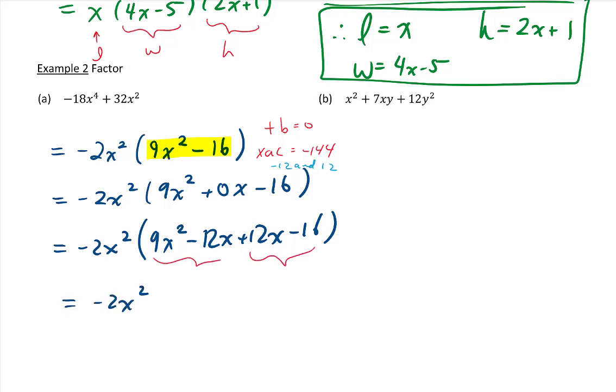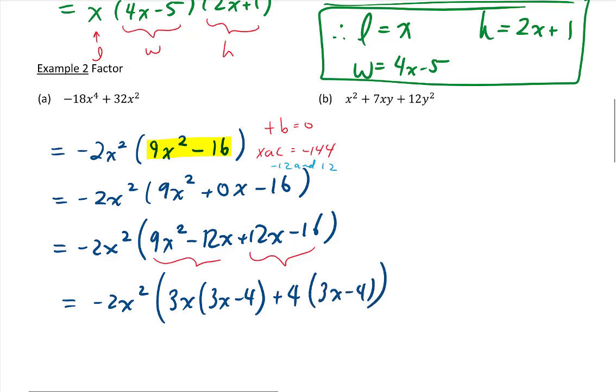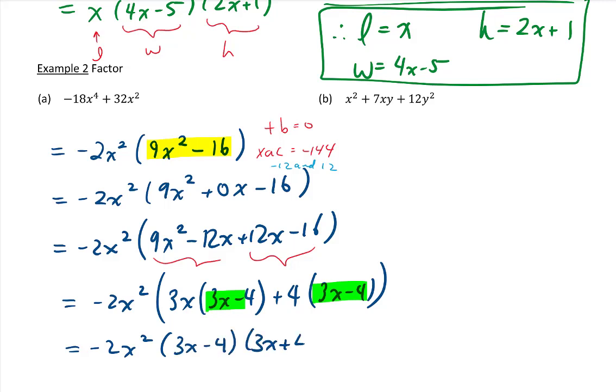So we get negative 2x squared. The first group, a common factor of 3x, gives us 3x minus 4. And in the second group, a common factor of 4 gives us 3x minus 4, which is great because we have the matching factors. And we end up with negative 2x squared times 3x minus 4 times 3x plus 4.